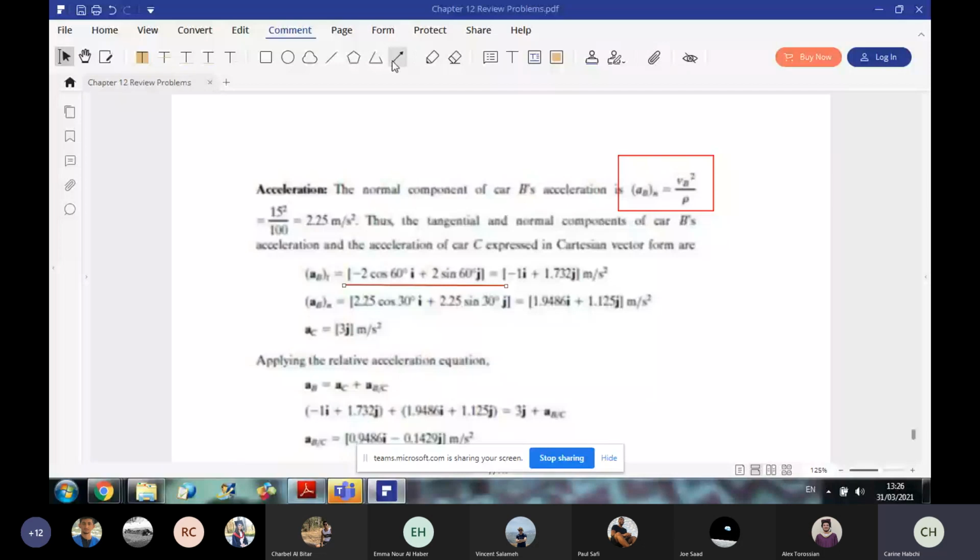While the normal component is directed towards un, and un is making an angle of 30 degrees with the horizontal. So it has positive i and j components.